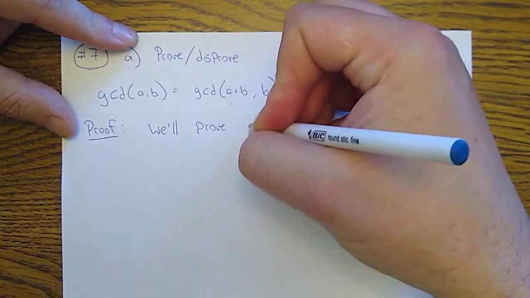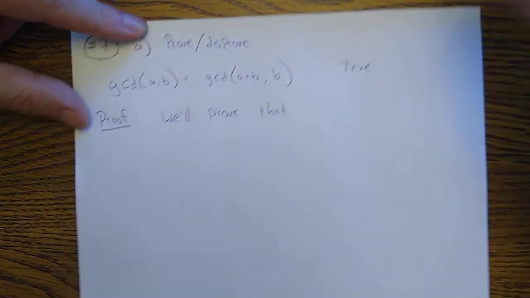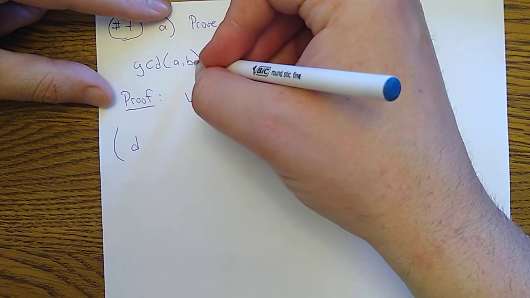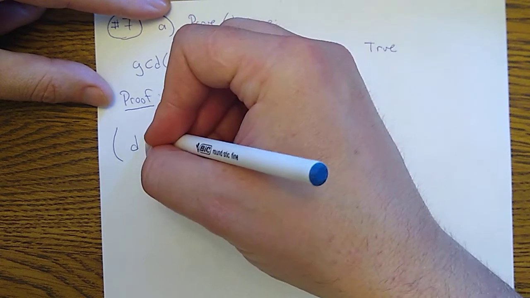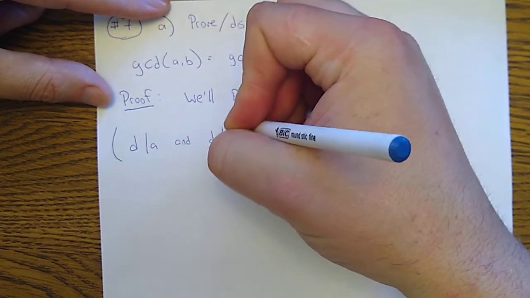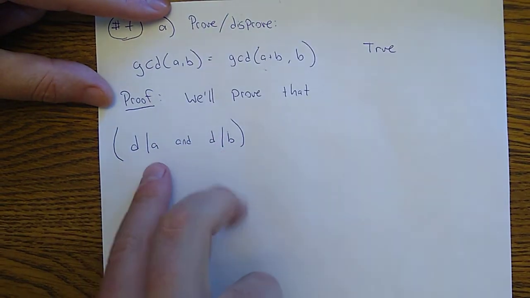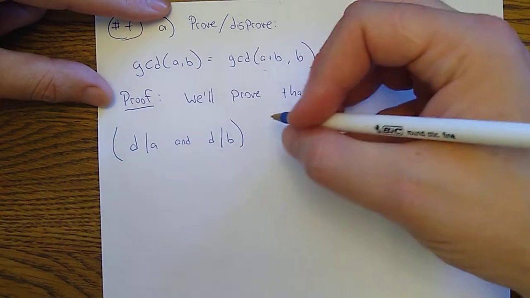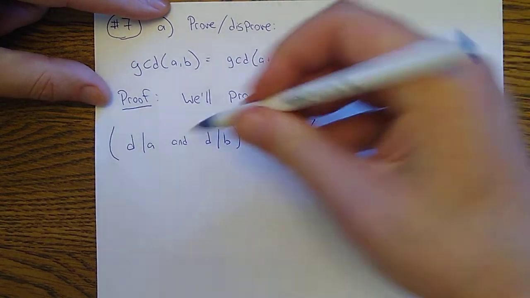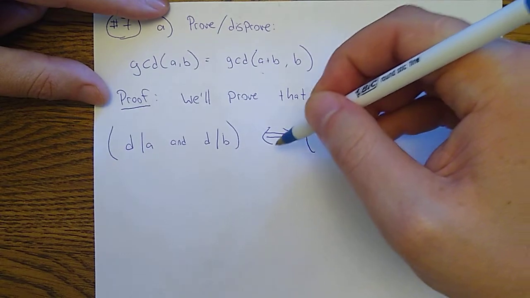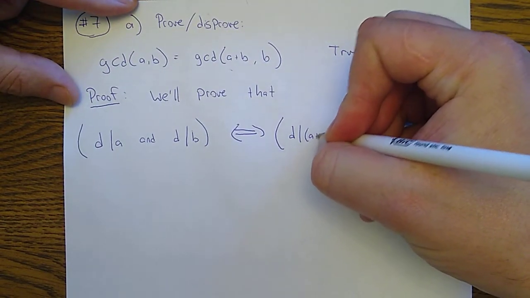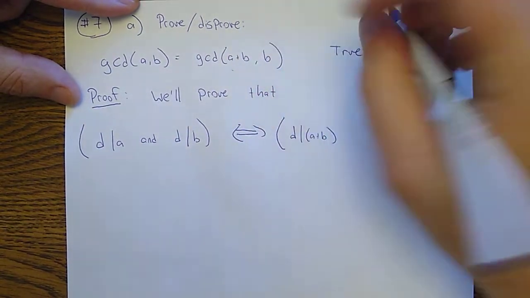We'll prove that if you have a common divisor of A and B, in other words, I have a number D that divides A and it divides B, then that's logically equivalent to saying that we have a common divisor of these two numbers.